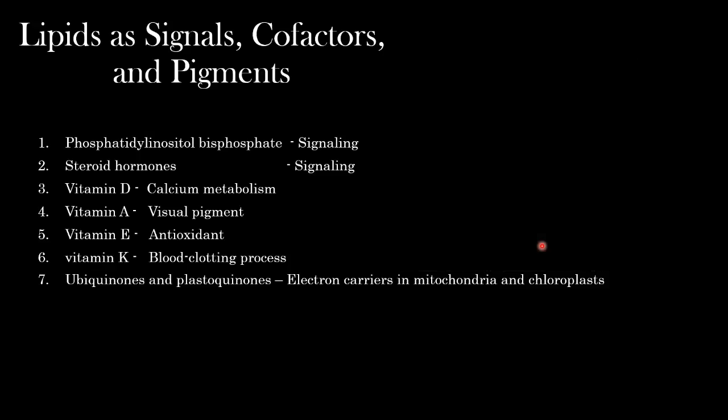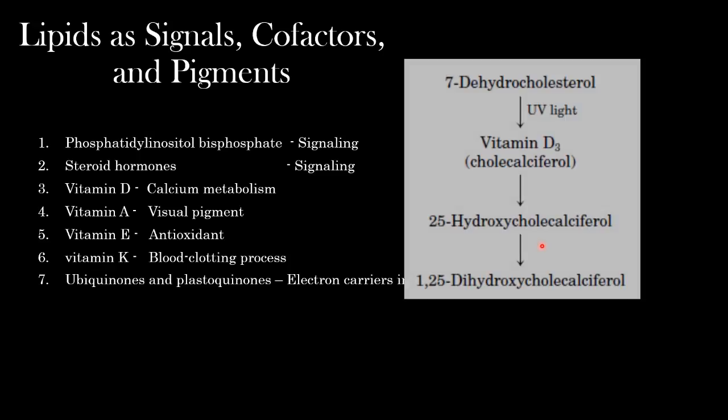Next is vitamin D. Vitamin D is derived from lipids. Not only vitamin D, all the vitamins mentioned here are derived from lipids. Vitamin D is formed from 7-dehydroxycholesterol, which is seen beneath our skin.